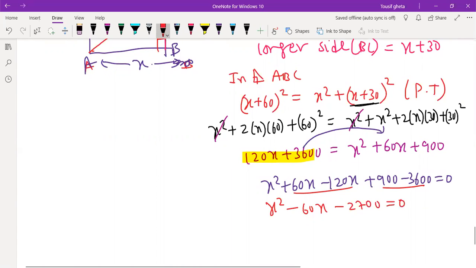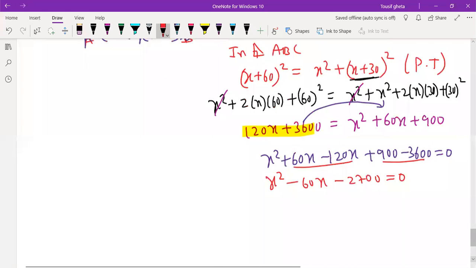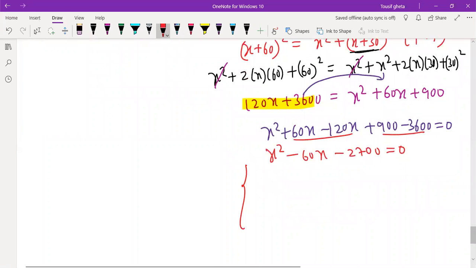You can factorize it or you can use the formula, whatever you do, you will get the answer. This time also you should find both values.